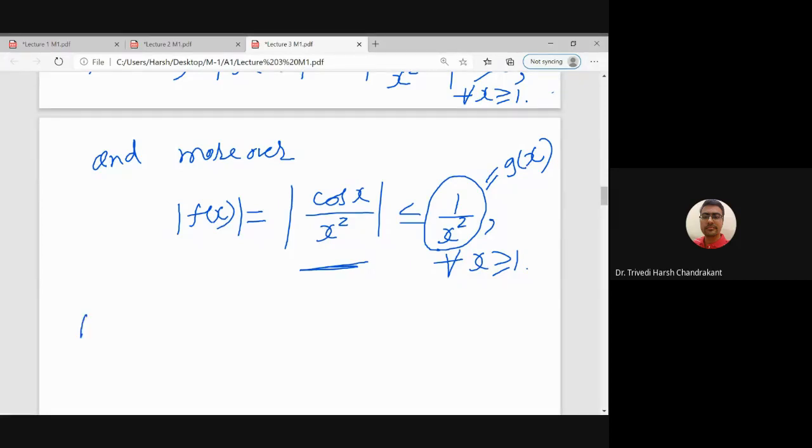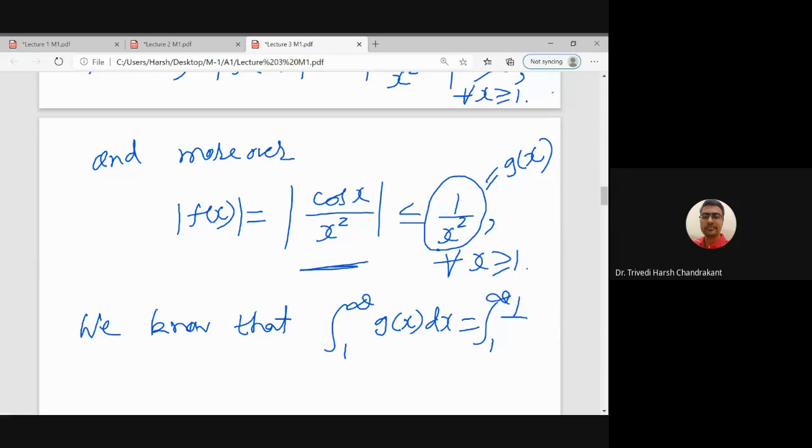And we know that the integral from 1 to infinity of g(x) dx is convergent.